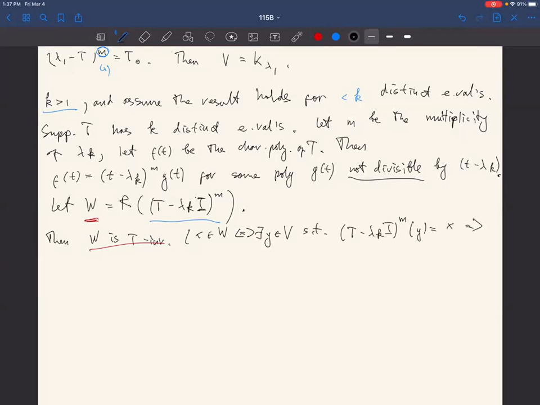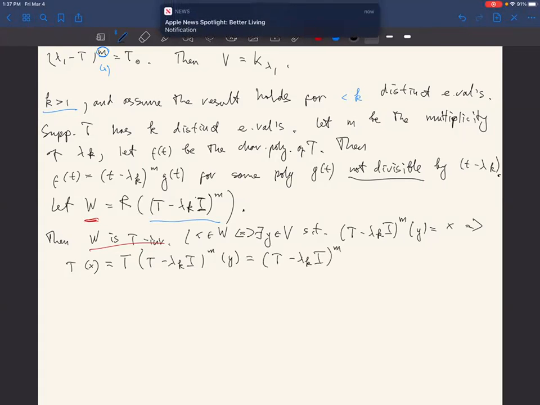But then this means that T of x, now I have to apply T to this again. So this is T composed with (T minus lambda k I) to the power m evaluated on y. And this is (T minus lambda k I) to the power m, now I apply T to y.